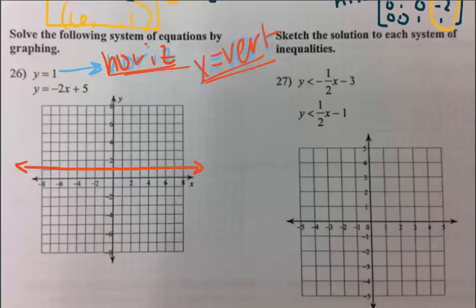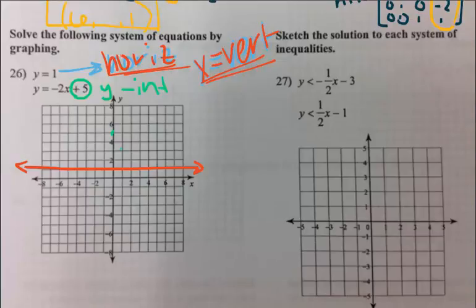And this second line, we have to be careful. This number back here is my y-intercept, where it's going to start on the y-axis. My slope is -2, so that means instead of going up and over to the right, we're going down and over.